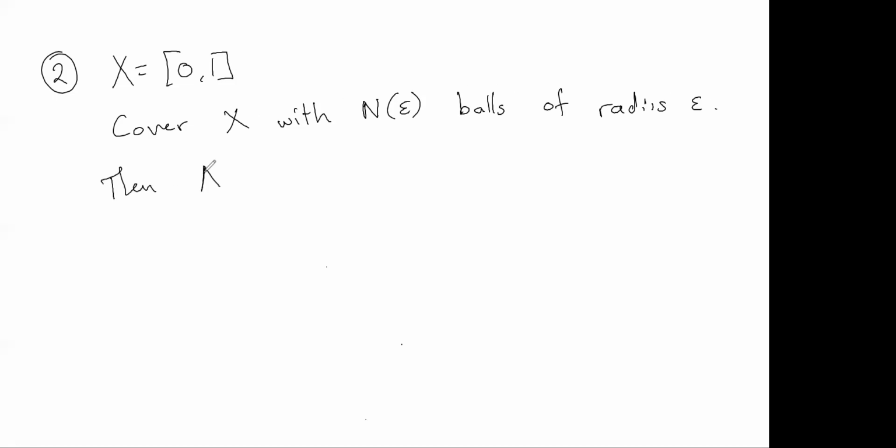Then the area of the cover will be equal to the number of balls times the area of each ball, which is pi r squared, or pi epsilon squared, because that's the radius, which is again some constant times N epsilon, epsilon squared.